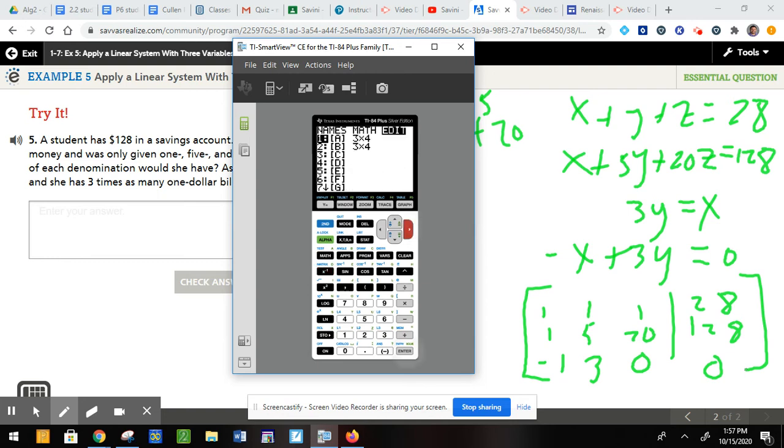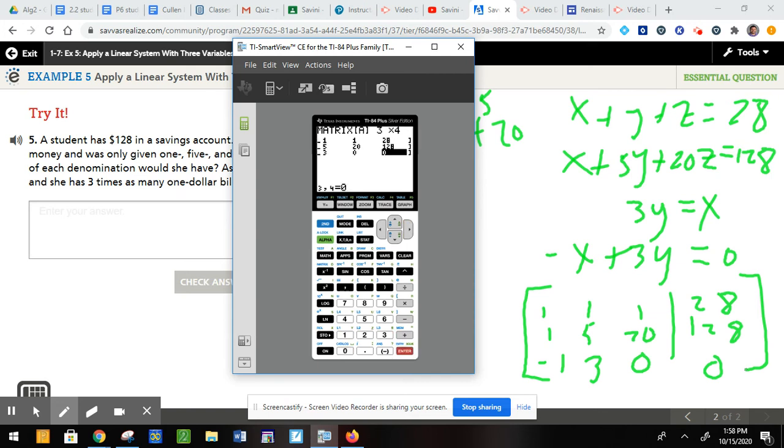So we'll input that into matrix A. It is a 3x4, so I already have a 3x4 in there, so I will just move along. The elements go 1, 1, 1, and 28. Second row goes 1, 5, 20, and 128. And the last row goes -1, 3, 0, and 0.